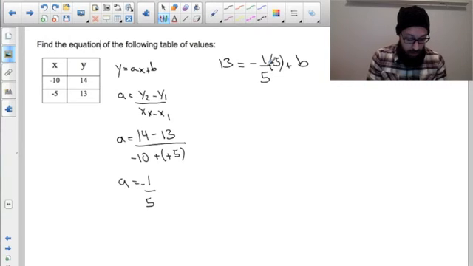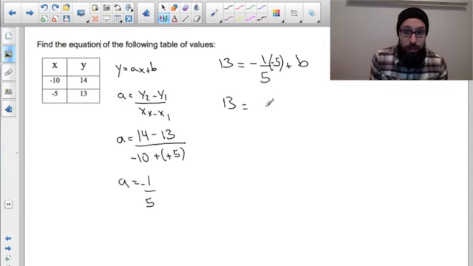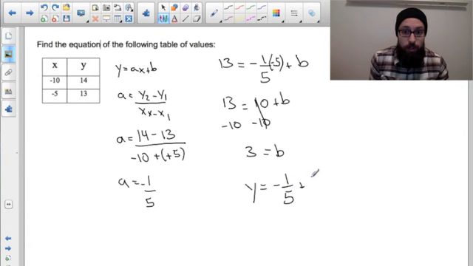So negative 1 over 5 times negative 5 is going to give us 1, because a negative and negative make a positive, so we have 13 equals 1 plus b. We need to bring all our numbers over, so we subtract 1 on both sides, cross it out, b ends up being equal to 12, and our rule becomes y is equal to negative 1 over 5 x plus 12.